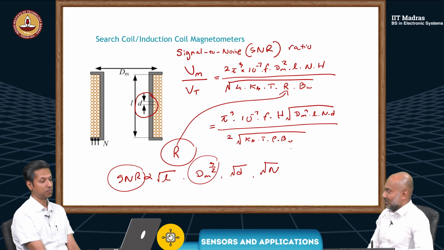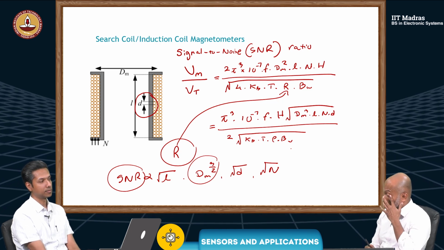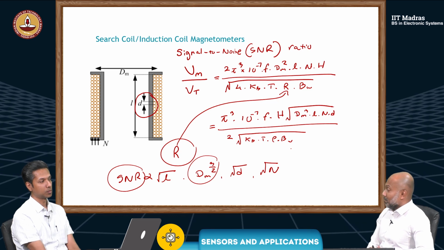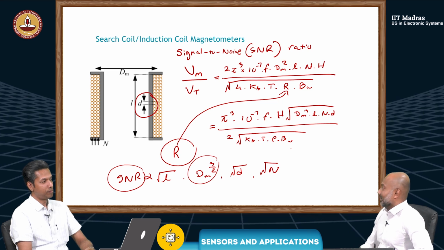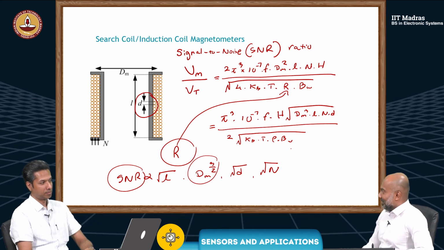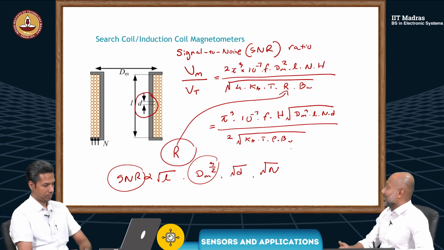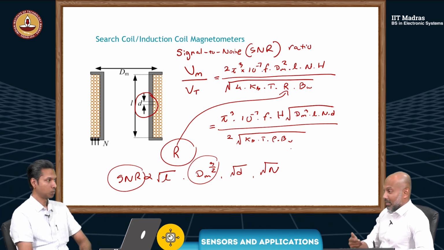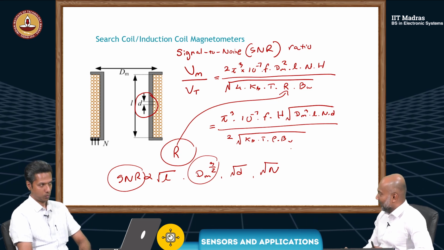So a lot of details. In the start of the course, you talked about whether students will learn how to design sensors, and I think this is a good example of some of the things you need to consider if you're designing a sensor. If you just look at a search coil, you might think it's just a coil, right?